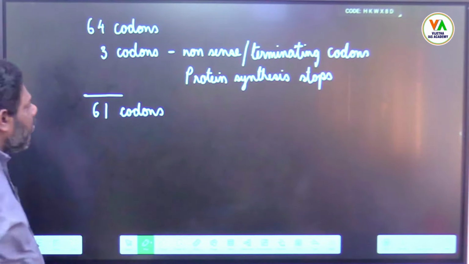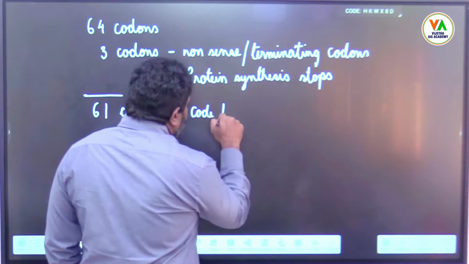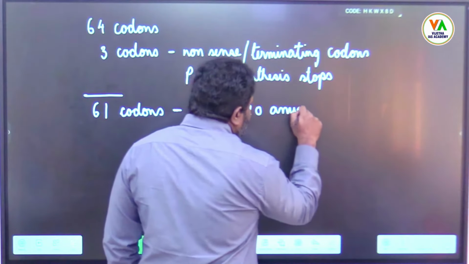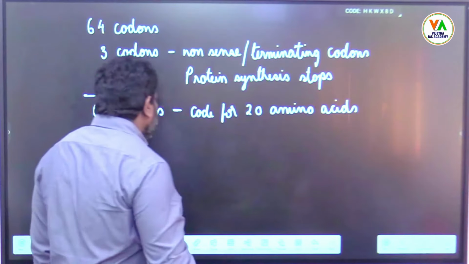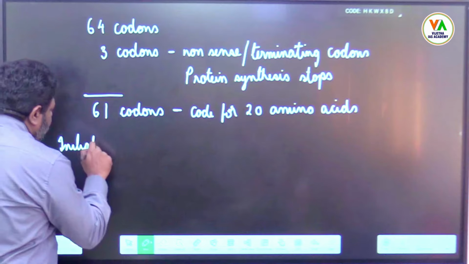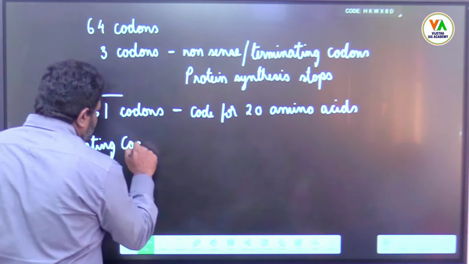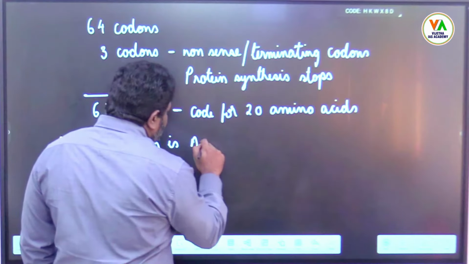These 61 codons code for 20 amino acids. And the initiating codon is AUG.